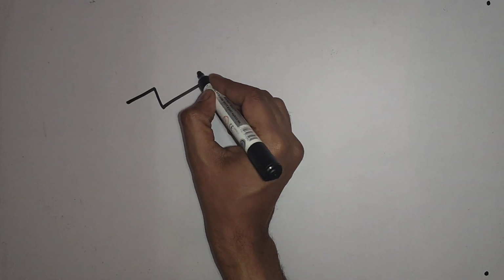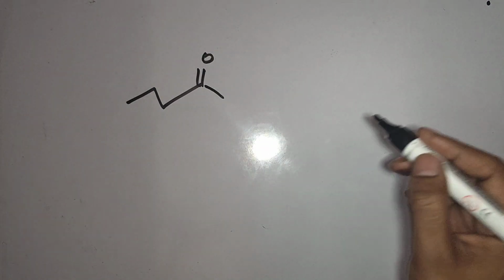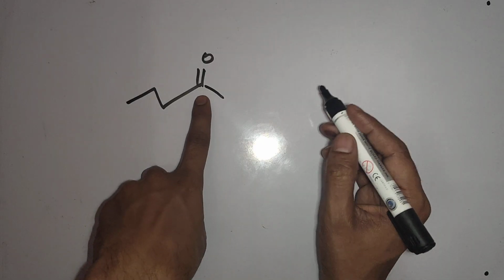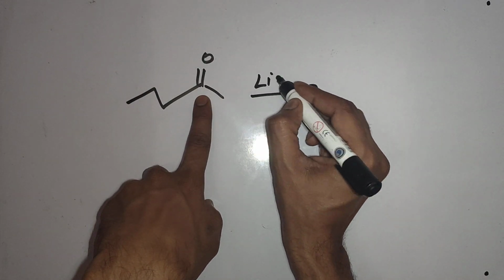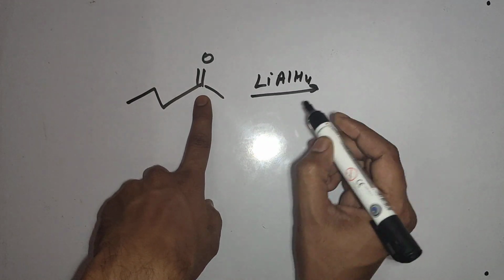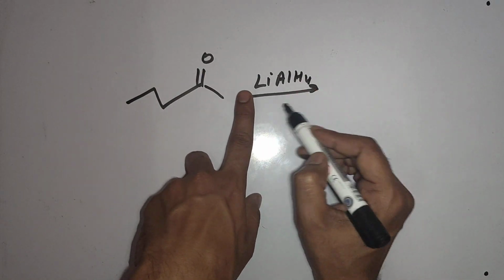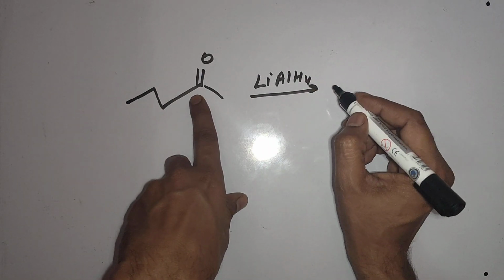Reactions we can solve very easily. Suppose this reaction is given to me. First, I need to understand that it is a ketone, and if lithium aluminium hydride is written over here, it is directly understandable to me that it's a reducing agent and it's a ketone. I have to do reduction of that.